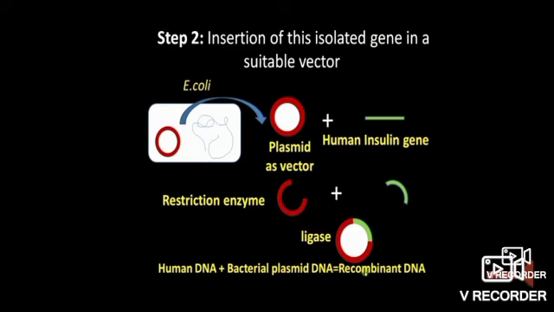We can see right here we have a recombinant DNA molecule with human DNA and bacterial plasmid DNA mixed together. So recombinant DNA molecule is just a recombined DNA molecule from different organisms. So step 2 is over. We have inserted our insulin gene into a vector.